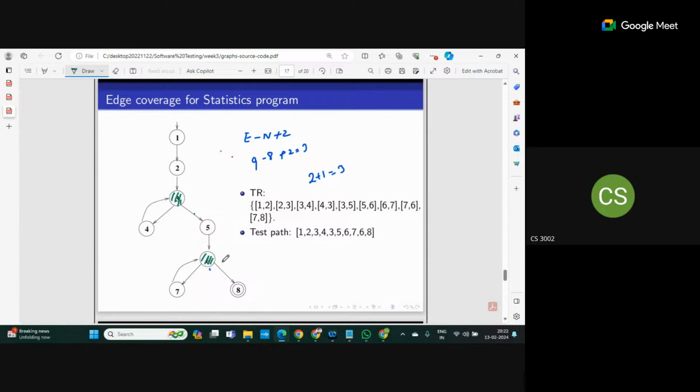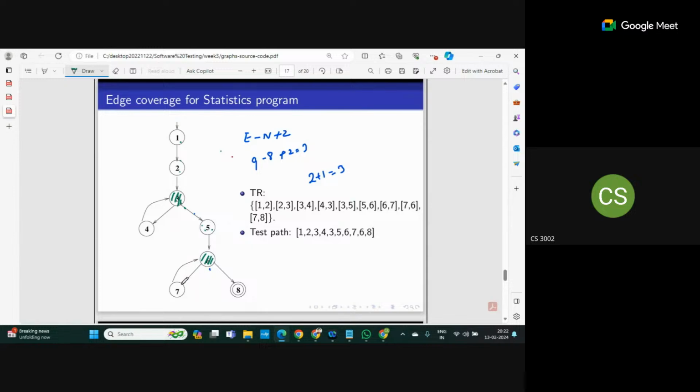So it's saying any path between them. I can assume a path 1, 2, 3. I can take a path 1, I can take a path 2, I can also take a path 3. Again, I can take a path 1, 5, sorry, 3, 5. I can take it as a 3, I can take it also as a 5 because it's any path.